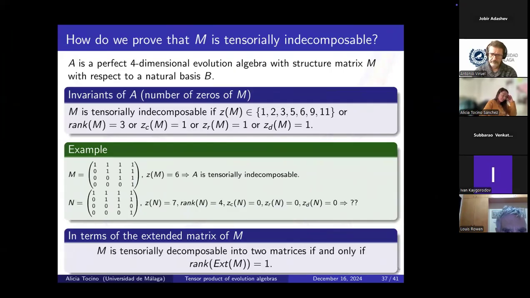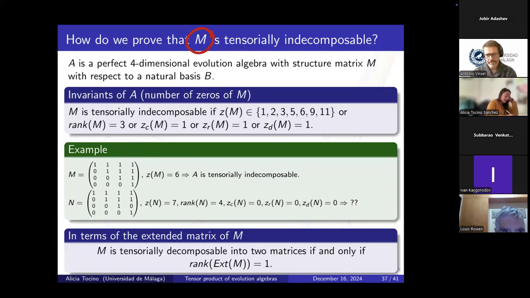So how do we prove that an evolution algebra is tensorially decomposable? We do that now in terms of the structure matrix. So we want to answer, how do we prove that the structure matrix is tensorially undecomposable?